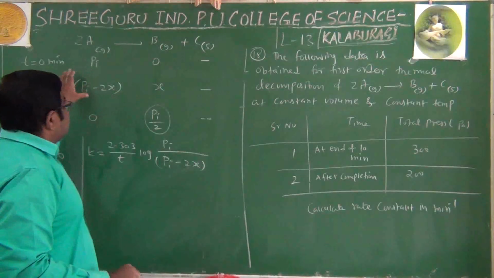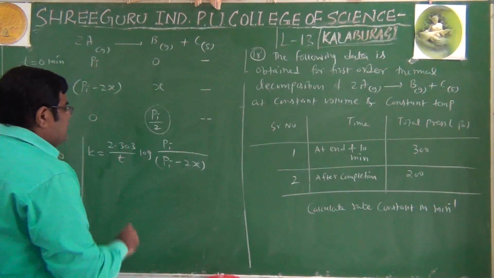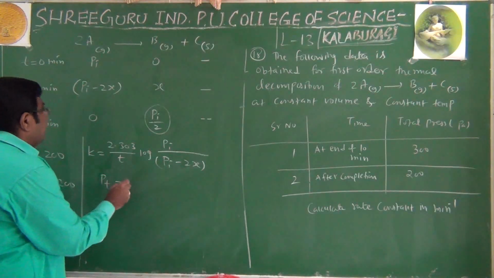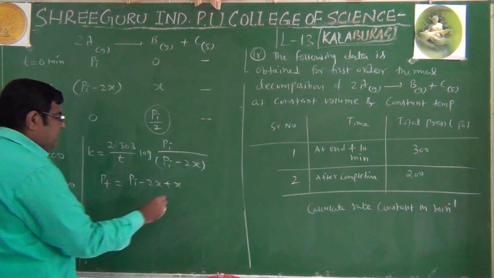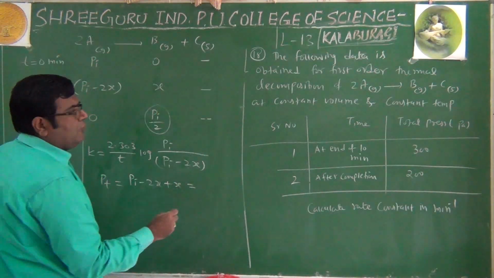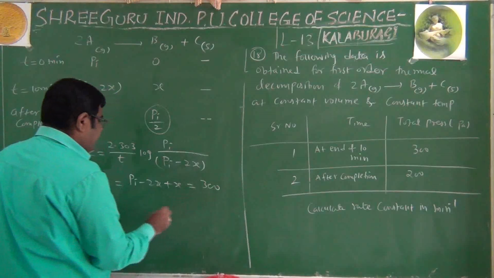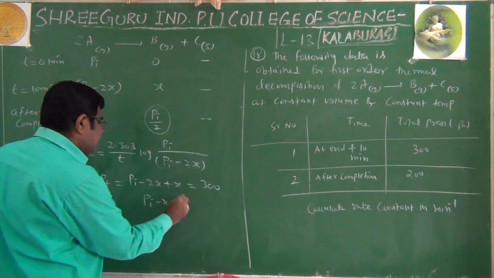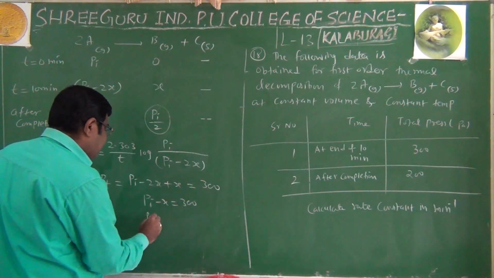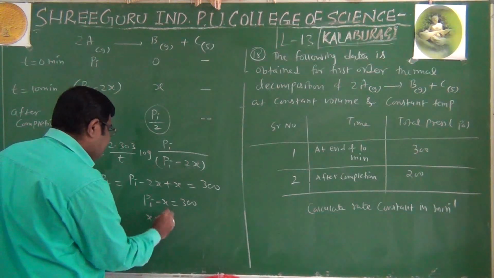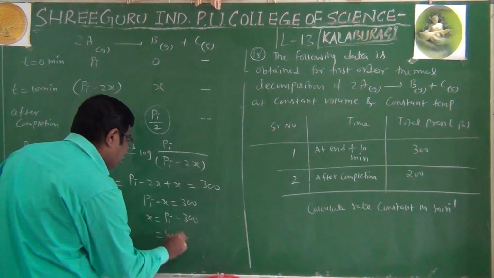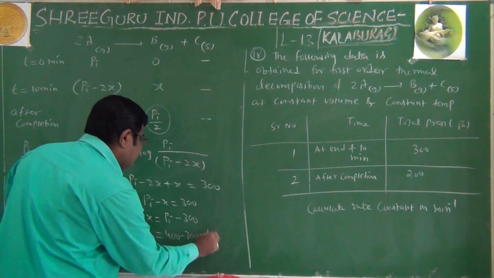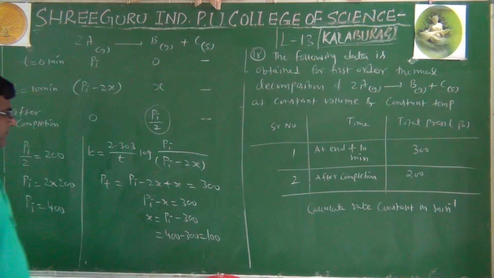The pressure at the end of 10 minutes is because of A and B. So we can write PT equals PI minus 2x plus x, and that equals 300. So PI minus x is equal to 300, so x is equal to PI minus 300, 400 minus 300, which is 100.